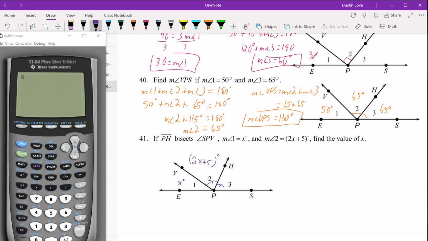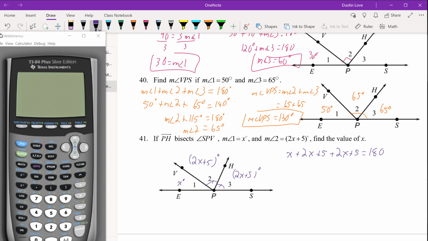Well, since angle 2 and angle 3 are congruent, I'm going to go ahead and copy this angle measure into angle 3 here. And now I can see that all three angles together are going to give me 180. So x plus 2x plus 5 plus 2x plus 5 equals 180.